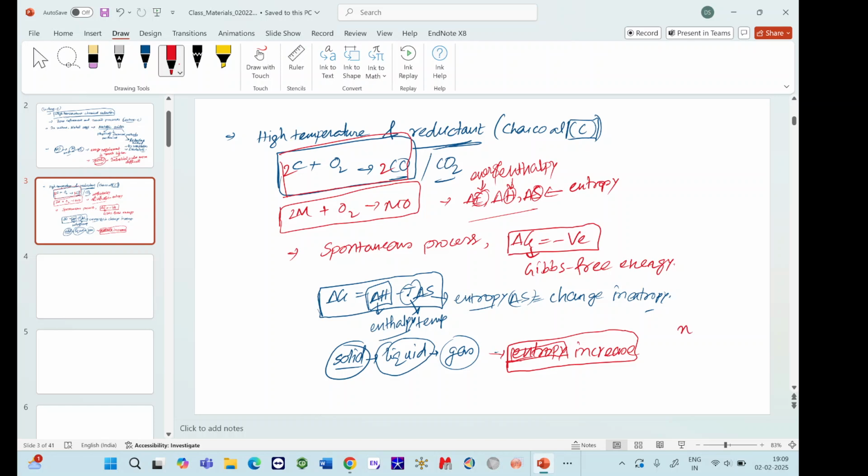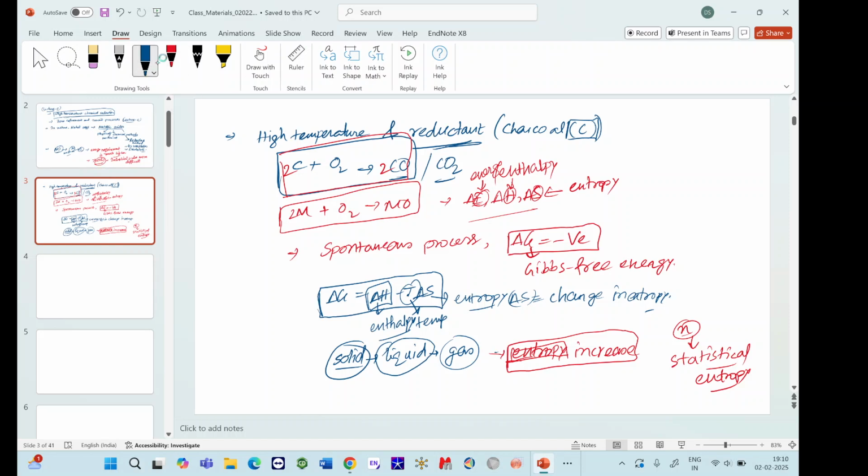But if you consider it as number, you can also have another view that is called statistical entropy. If your product has a much greater number of equivalents compared to your reactants, then this will increase your statistical entropy. But we will not cover this part here.